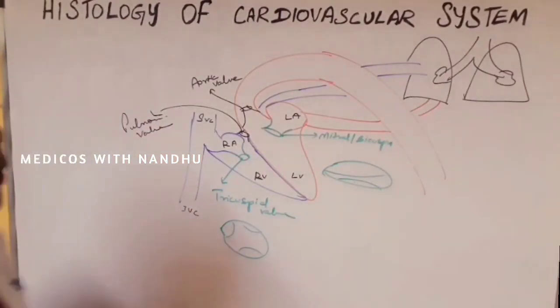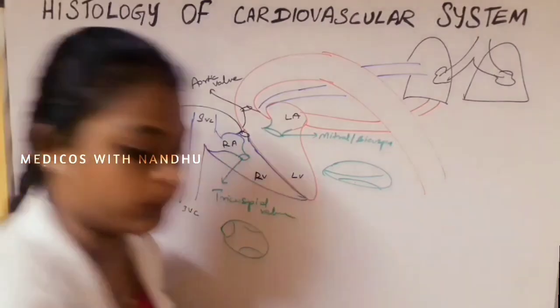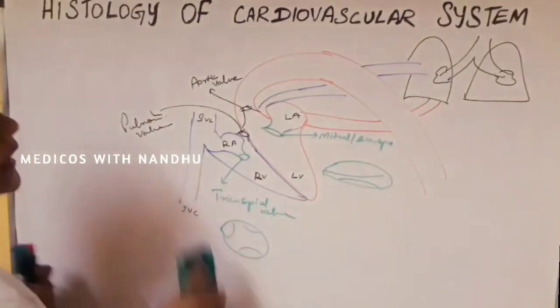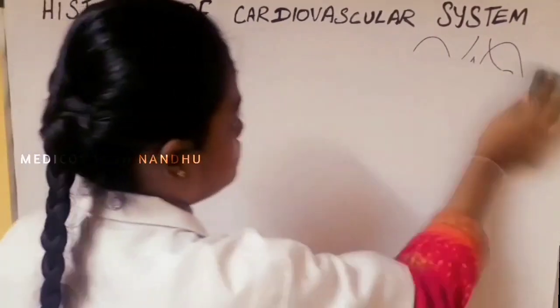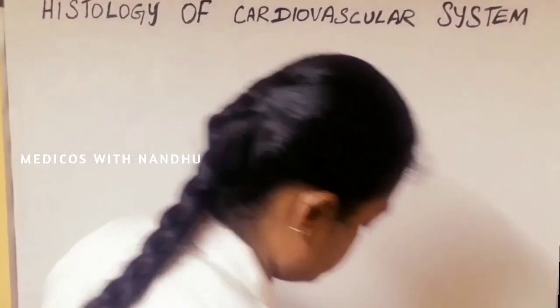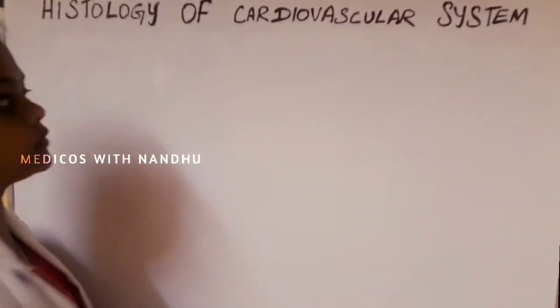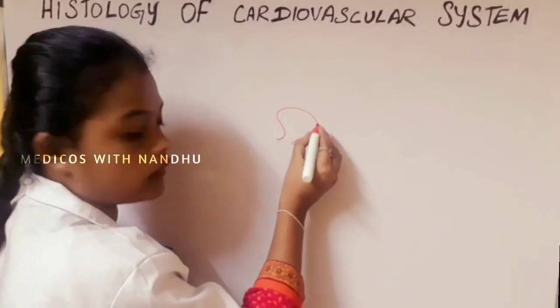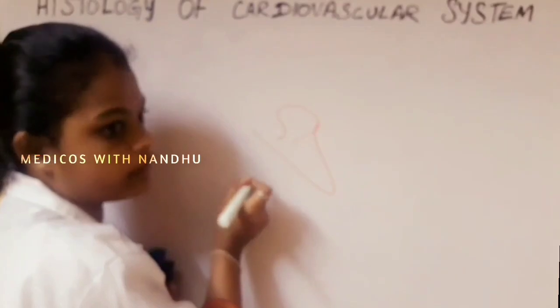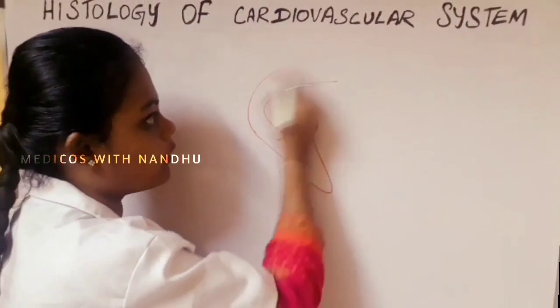Okay, so let us draw one more time, for your understanding. So think of it and say this: left atrium, left ventricle, aorta.